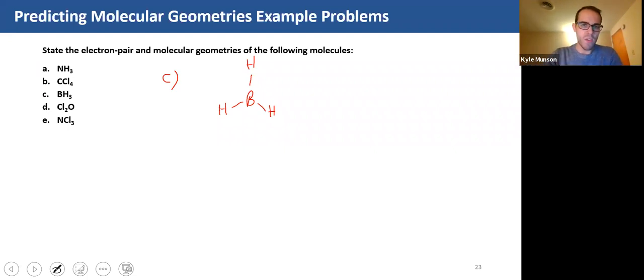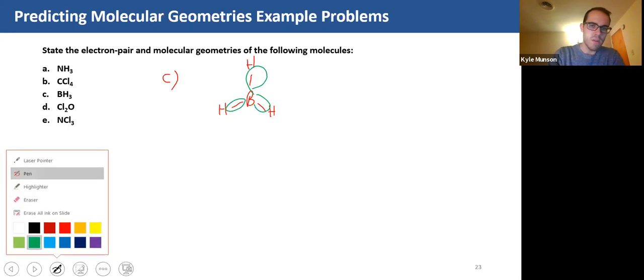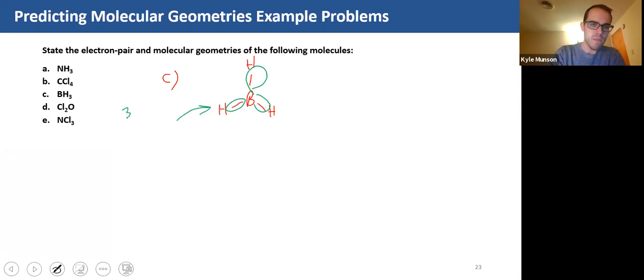Okay, so let's see here. It has 1, 2, 3 bonding pairs, so 3 domains. And all 3 of those are bonding pairs, as I mentioned. So electron pair geometry, molecular geometry.